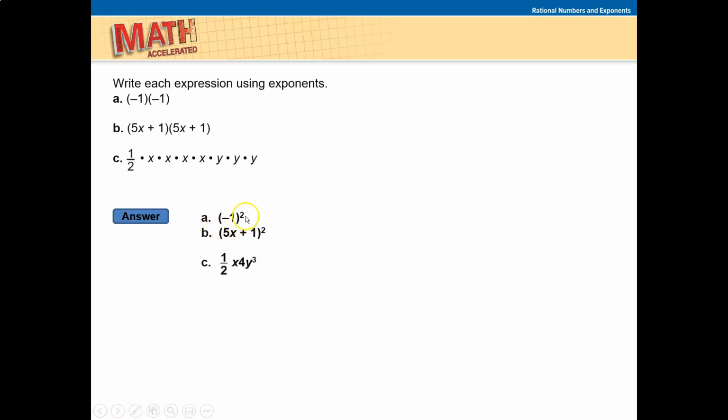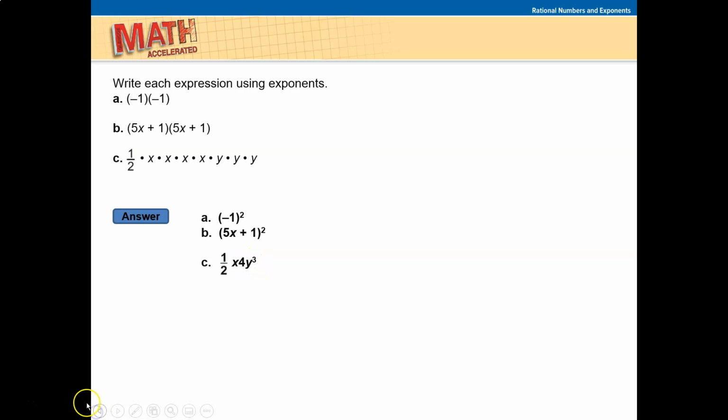This one is written incorrectly. I'm going to fix it here in a second. It should have been 4 smaller up.